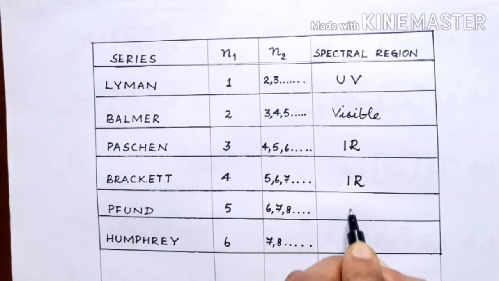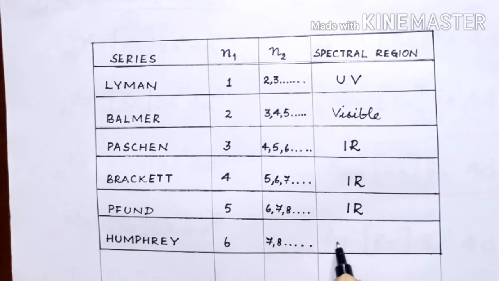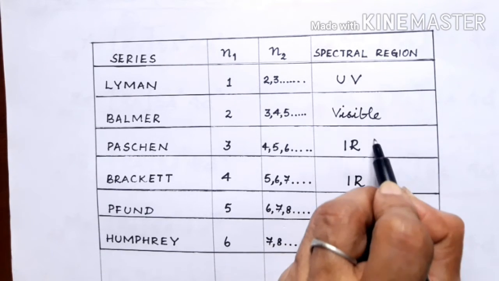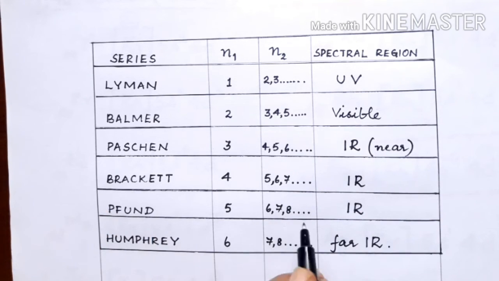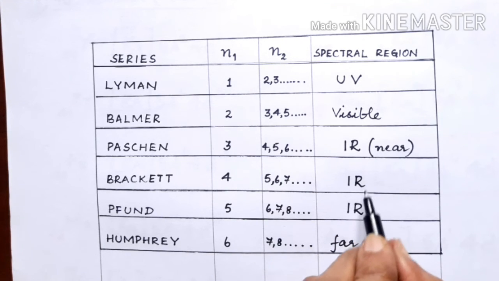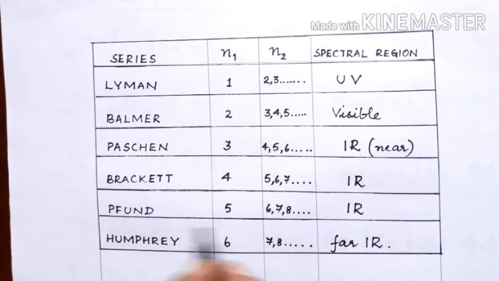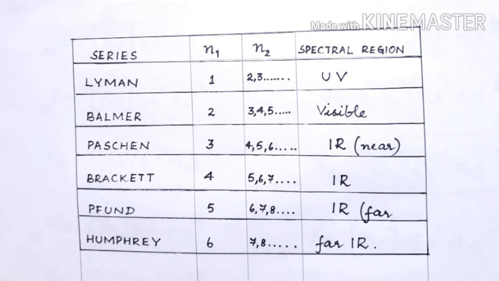Brackett, Pfund all come under the IR region, and Humphreys comes to the far IR region. So here you find that this is the near IR region for Paschen. Brackett, Pfund will be followed by the IR regions. Pfund is actually far IR, and Humphreys also belongs to far IR.